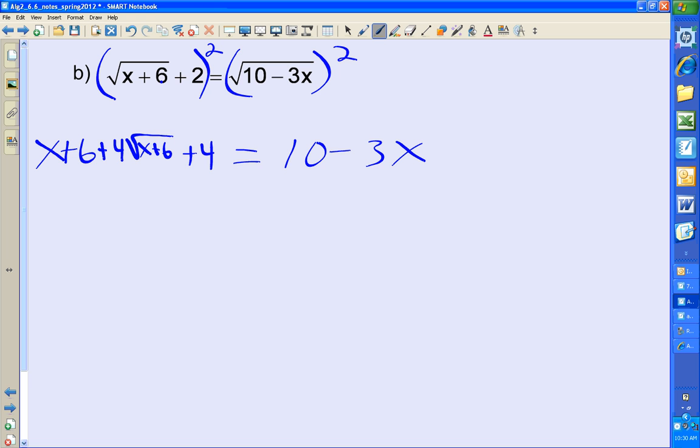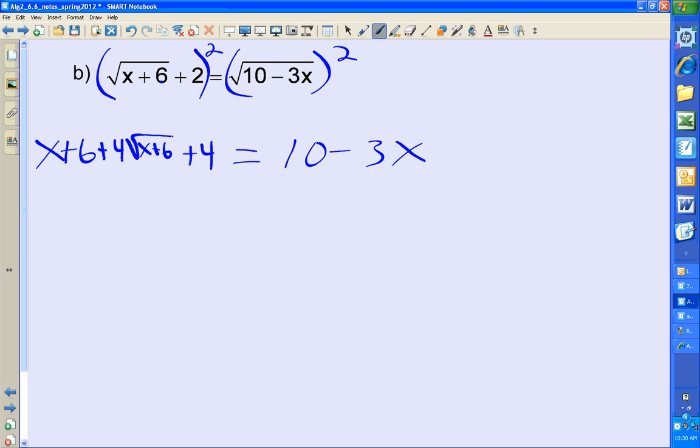Twice the product. Root times 2 is 2 radicals, right? Double that would be 4 radicals. And then square the last would be plus 4. Square the first, twice the product, square the last. The twice the product is the tricky part. Radical times 2, and then double that would be 4 radicals.